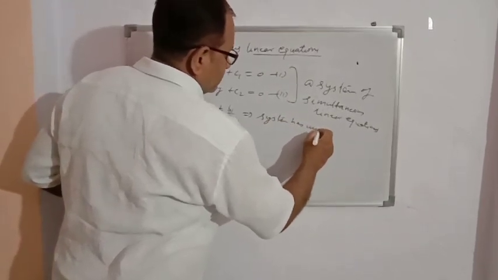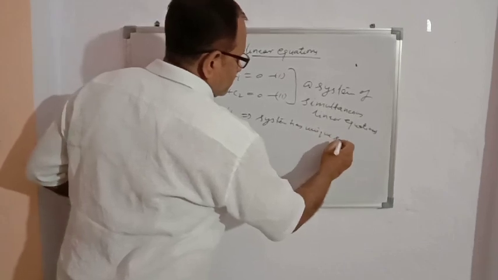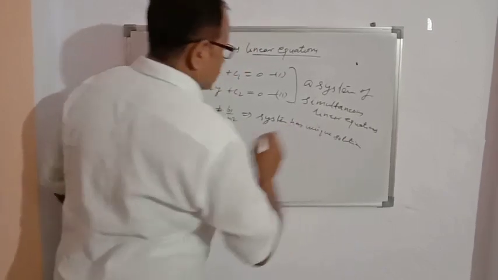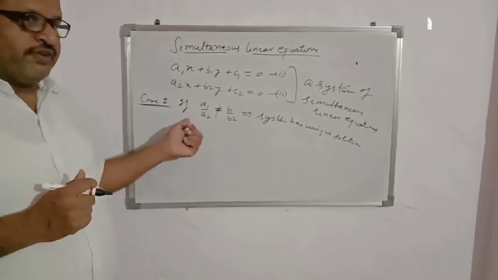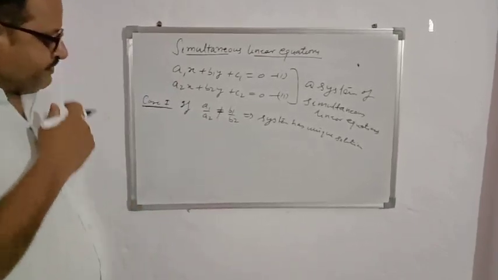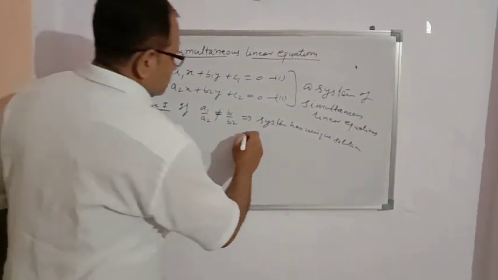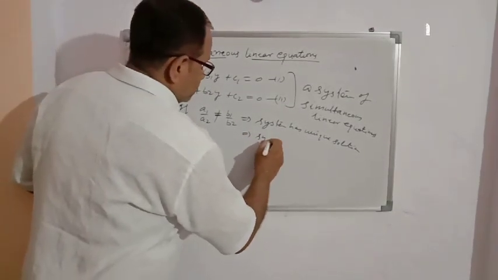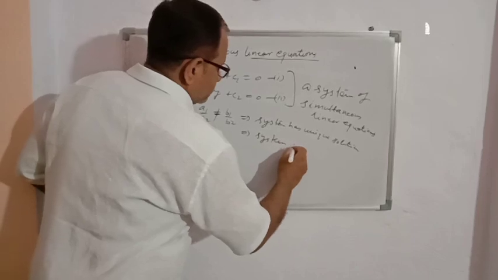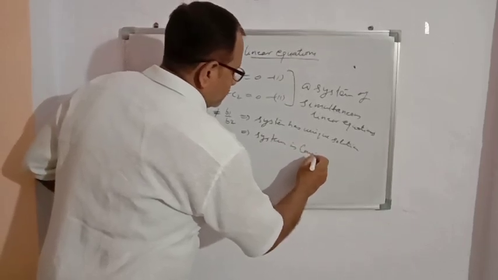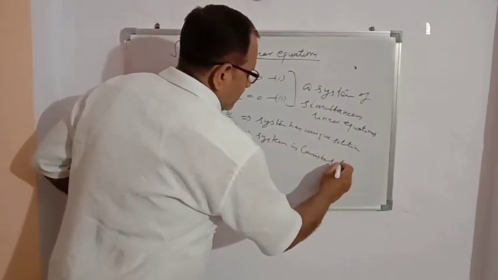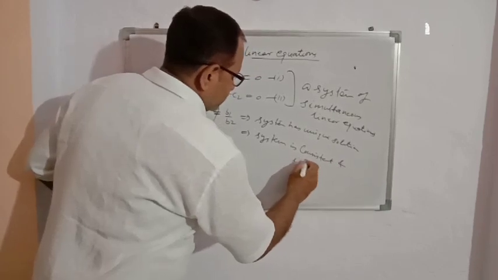System has a unique solution. Unique solution means we will get only one value of x and y. And if the system has a unique solution, we say the system is consistent and independent.